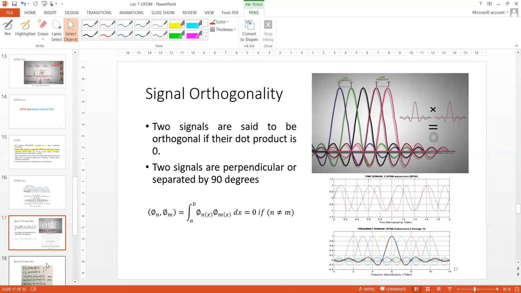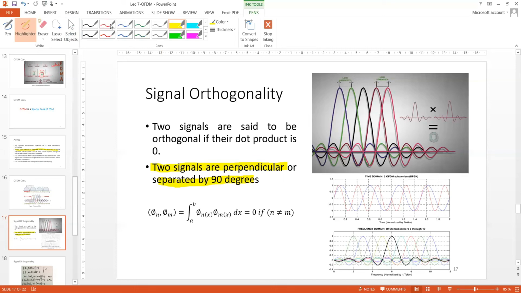Two signals are said to be orthogonal if their dot product is equal to 0, or if they are perpendicular to one another, separated by 90 degrees.